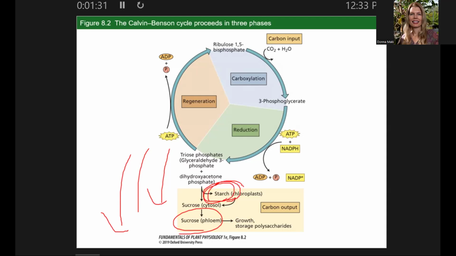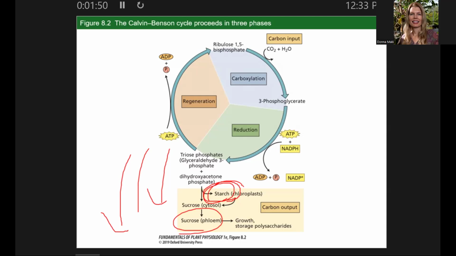The plant's trying to figure out how much sucrose do I need to make? Where do I need to send it? And if everything's going just great, it'll decide, so to speak, oh, I'll make some starch. There's enough sucrose out there. I'll make some starch just in case we run into issues.